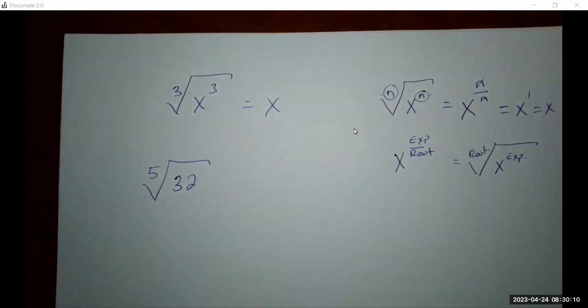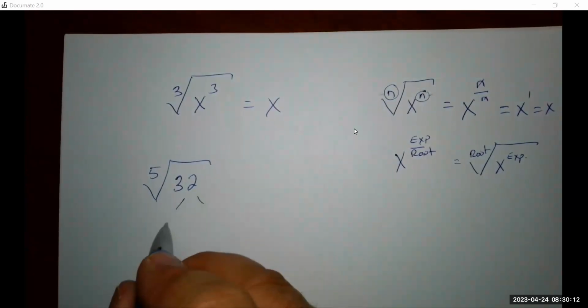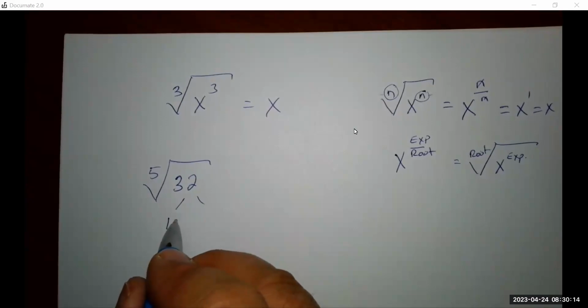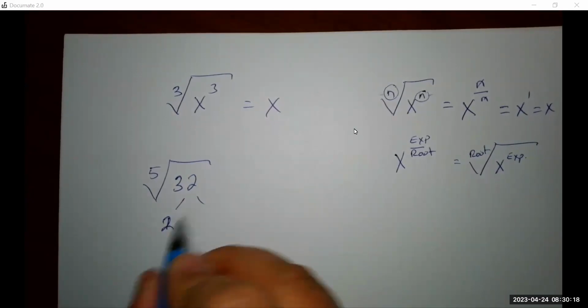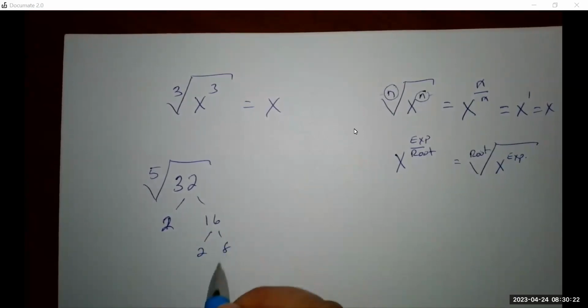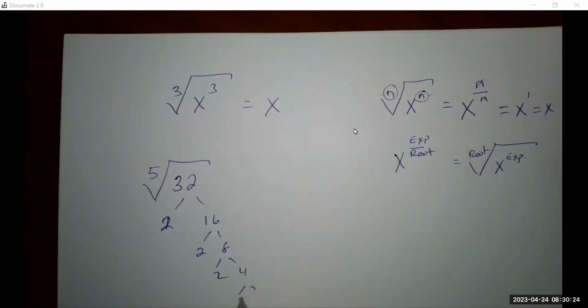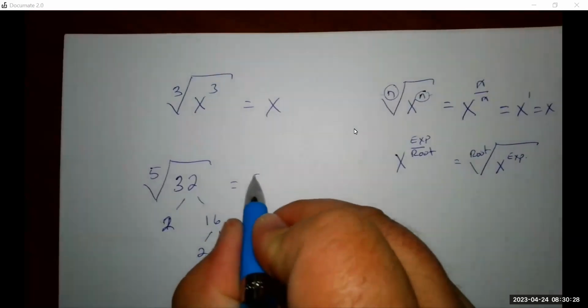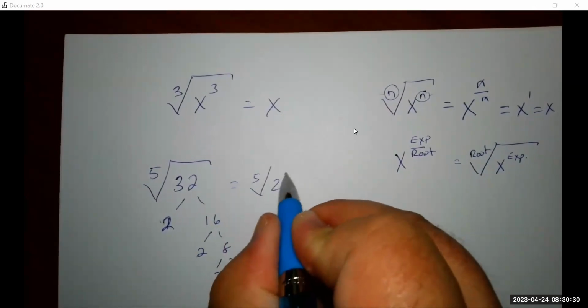So if you have that, this is 32. I have 32, so it's 2, 16, 2 and 8, 2 and 4, 2 and 2. So 1, 2, 3, 4, 5. 32 is made up of 2 to the 5th.